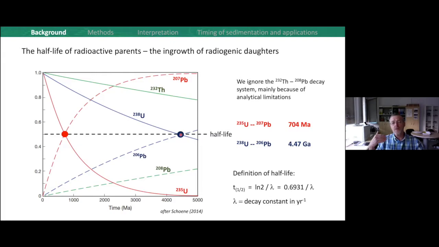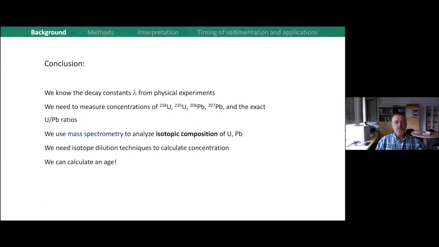So hoping that at some point, we could rely on maybe a better determined decay constants. Okay, so we know the decay constant lambda from physical experiments. We take them as they are. We don't question their accuracy and the uncertainties which are attached to them.